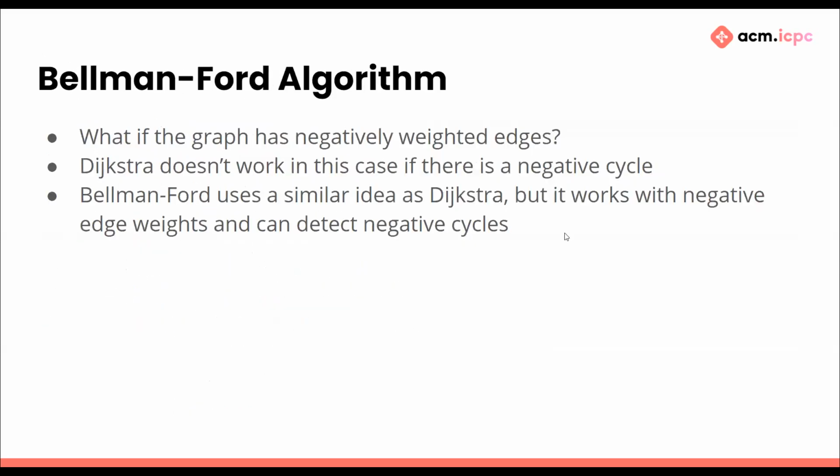And the problem with negative cycles is that since they're negative, you can just repeatedly follow that cycle infinitely, and your distance will just keep getting smaller. And so your algorithm will fail in this case because it would just repeatedly try to minimize your distance, and that's not going to work properly.